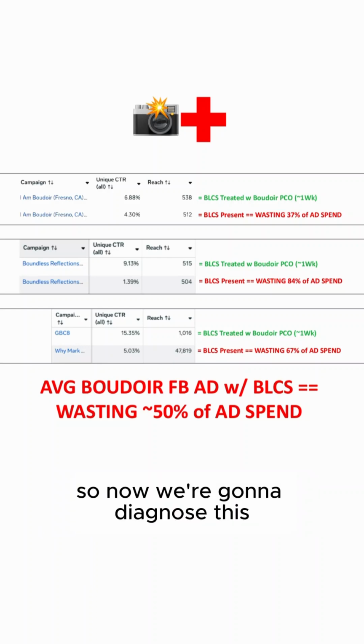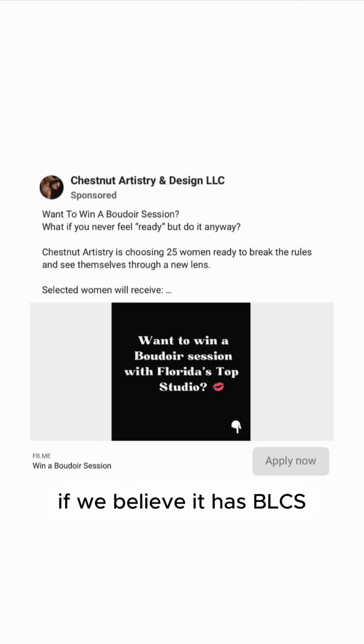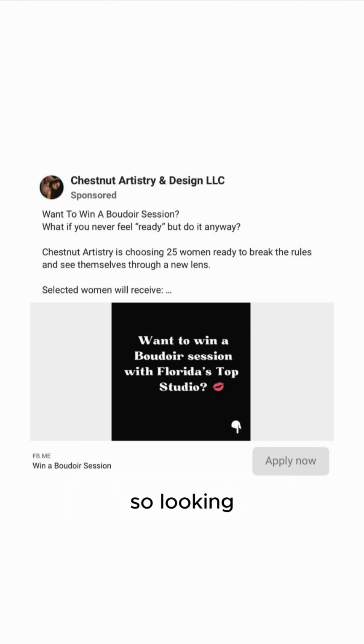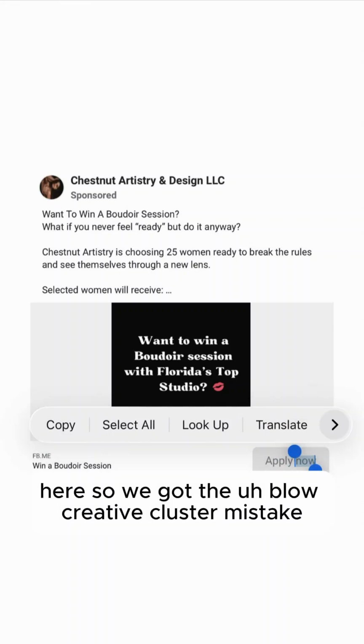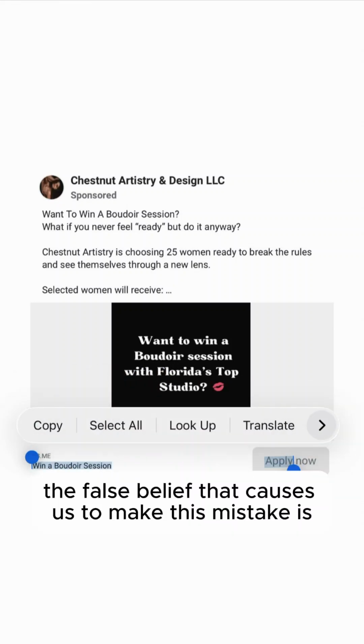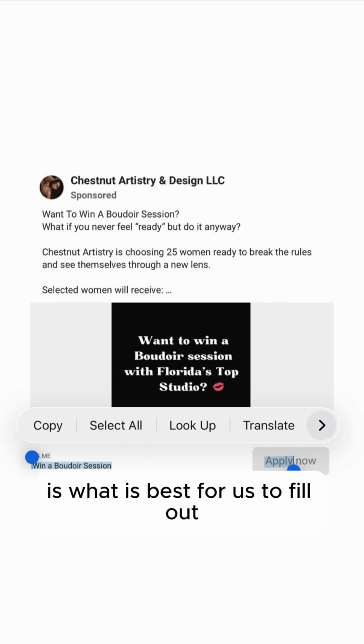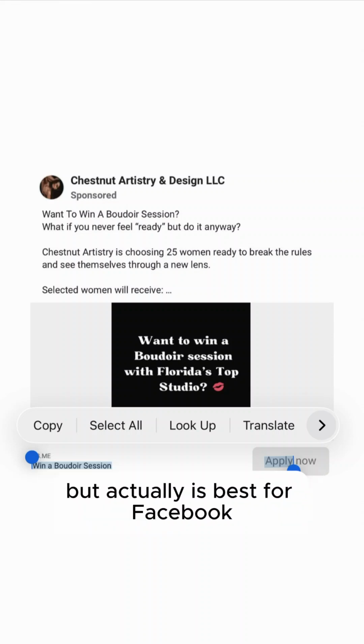So now we're going to diagnose if we believe it has BLCS, aka Boudoir low-click syndrome. So looking here, we got the below creative cluster mistake. The false belief that causes us to make this mistake is we're trusting what Facebook says we should fill out for our ad is what is best for us to fill out, but actually is best for Facebook.